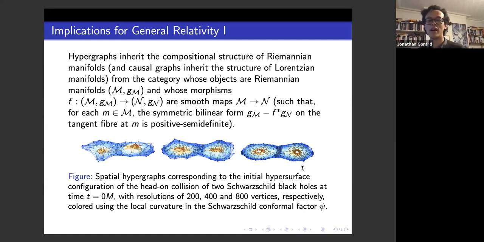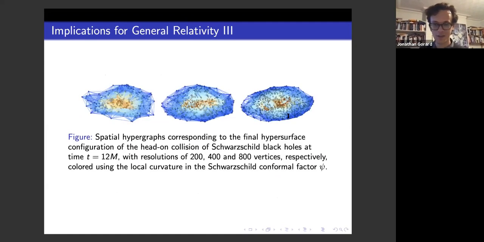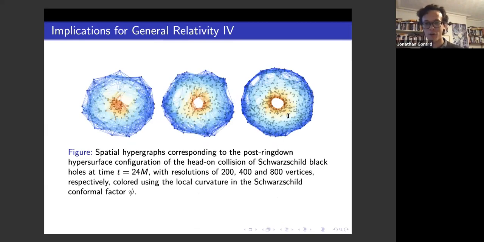They're being colored here based on a discretized version of the Schwarzschild conformal curvature. And if we continue to run this hypergraph transformation system, if you look at the highest resolution version on the right here, you can see these two simulated Schwarzschild black holes merge, and we get this gravitational ring down, and we can do effectively discrete versions of general relativity simulations purely using hypergraph transformation rules.